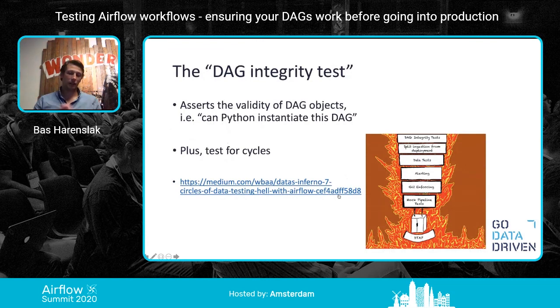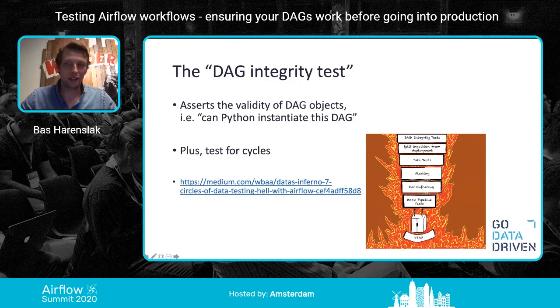And also, when I start a project, the very first test that I add to the project is called the DAG integrity test. I copy paste this throughout all the projects, and it validates the integrity of all my DAGs. So basically, can Python instantiate a DAG object?